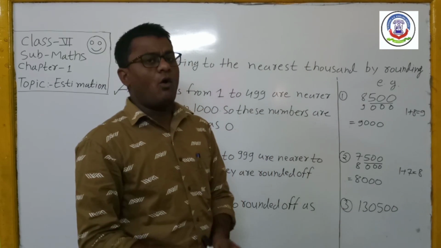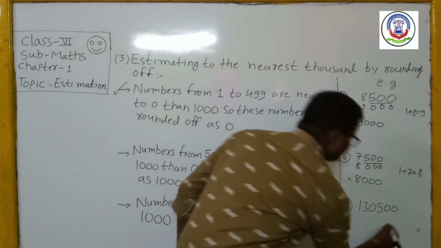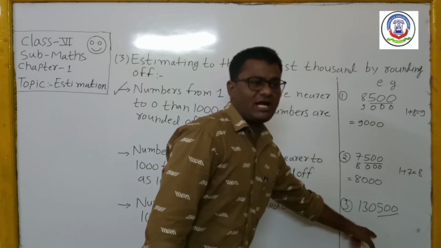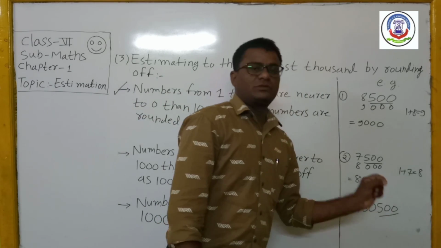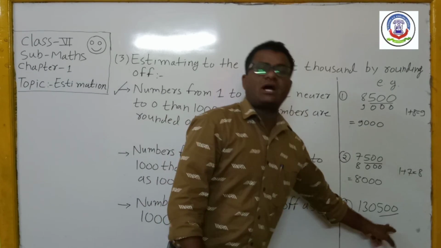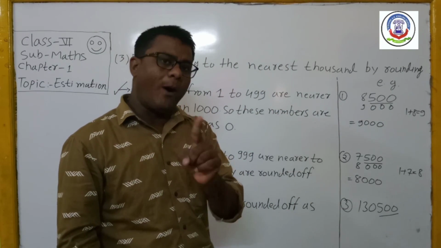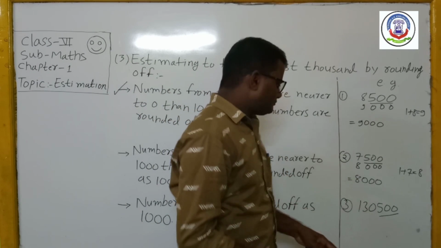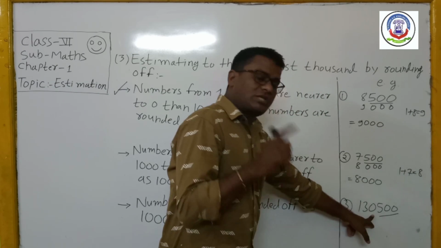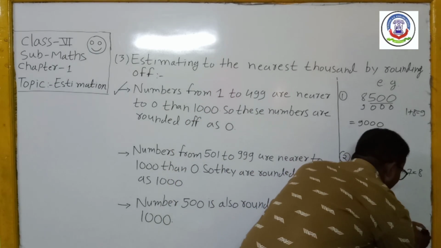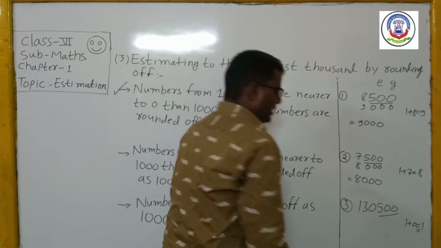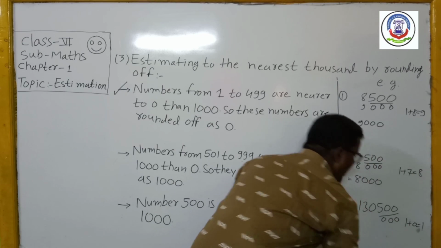Okay students. Now we'll move to another example, that is 1,30,500. Now what will we do? We'll underline 3 digits from right to left side. And what is this? This is also 500. So according to this, 500 is rounded as 1000. Means what? 1 is added to the 1000 place digit. Here, look, the 1000 place digit is 0. Okay, so I'll add 1 to this 0. It will become 1 and put 000 below 500.